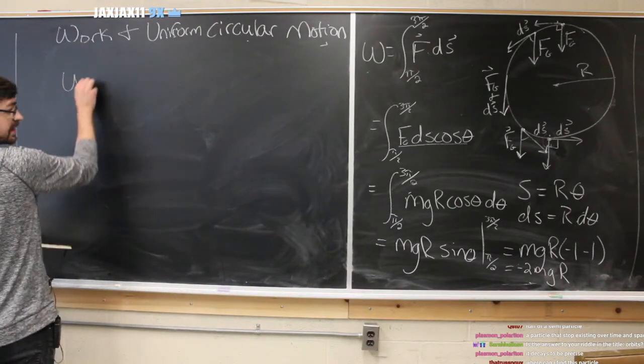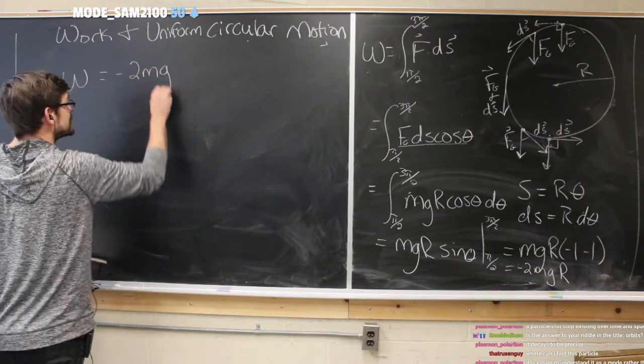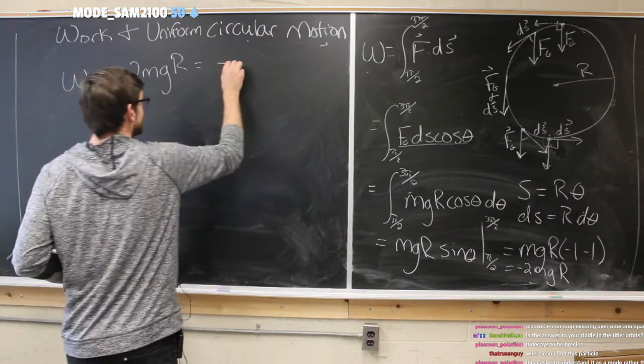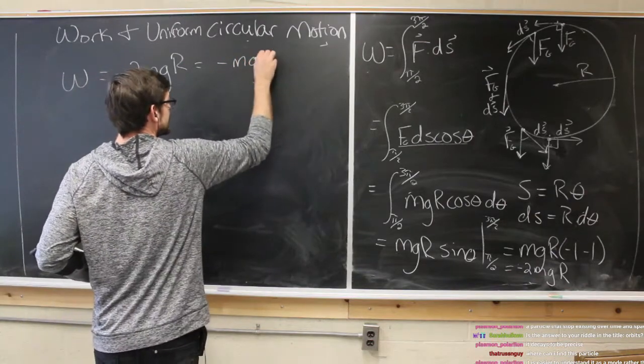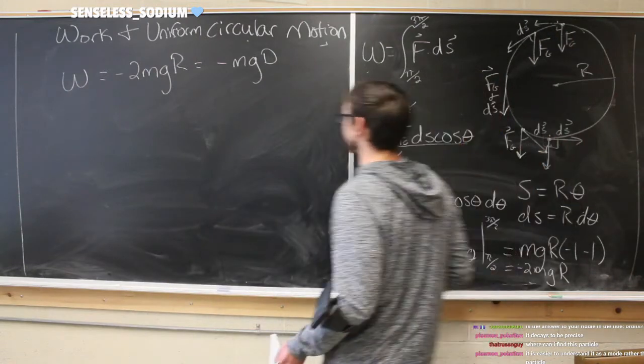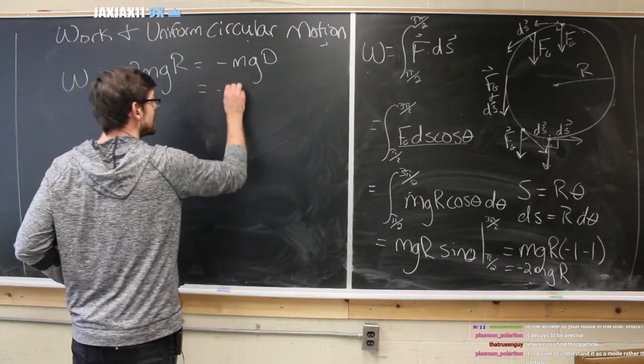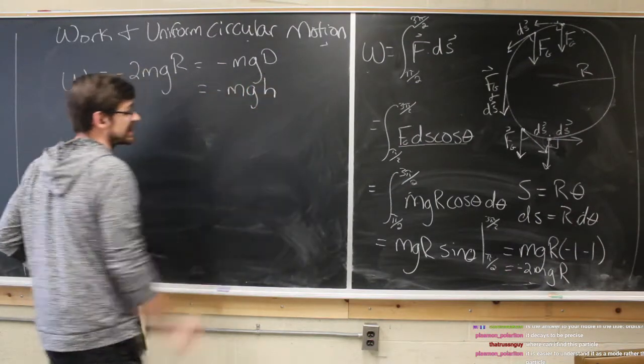So our work is now equal to, we had minus 2 mgr. So it's minus mg times the diameter. The diameter from here to here also happens to be the height. So this is minus mgh.